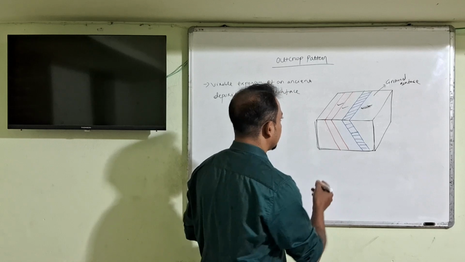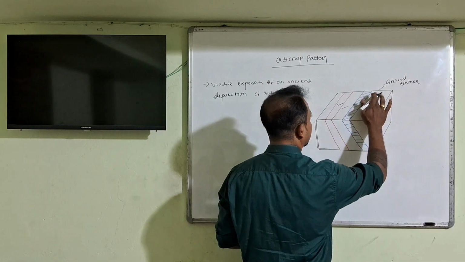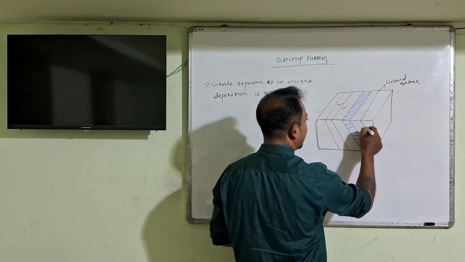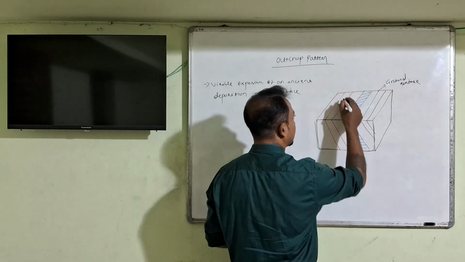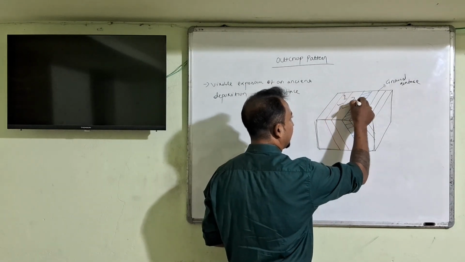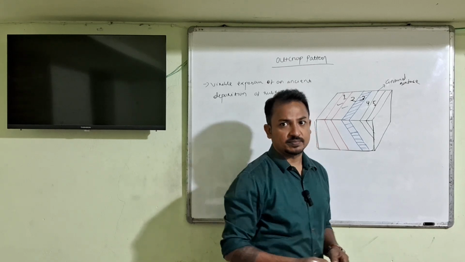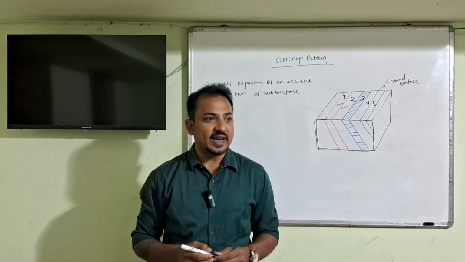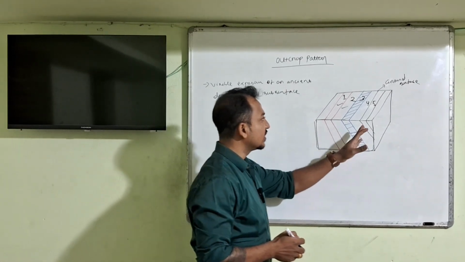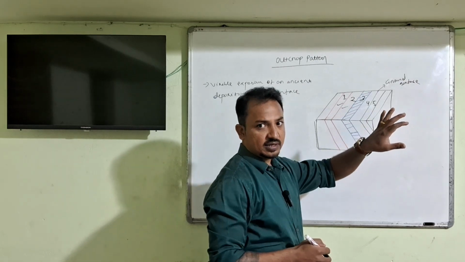Suppose here we are getting these outcrops. When you examine, you will get this is one bed, this is another bed, this is another bed. So there are 5 beds here in a sequence.